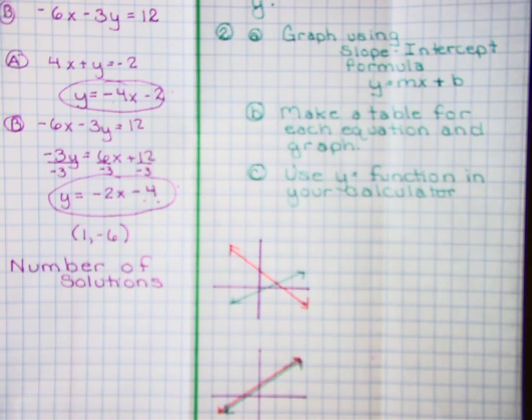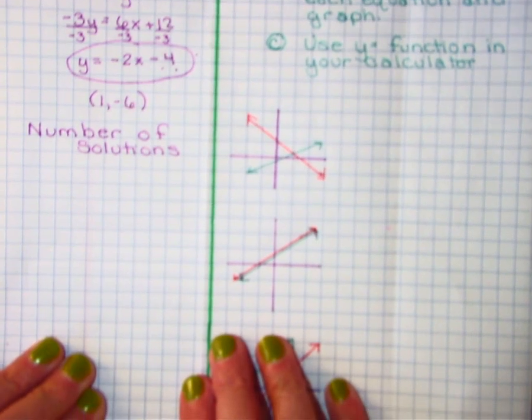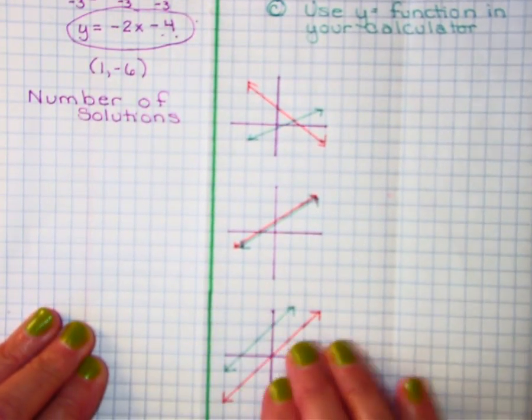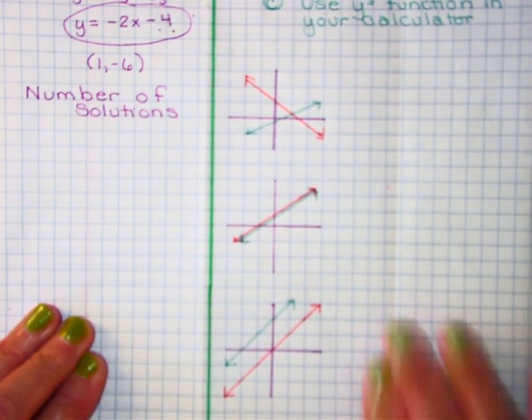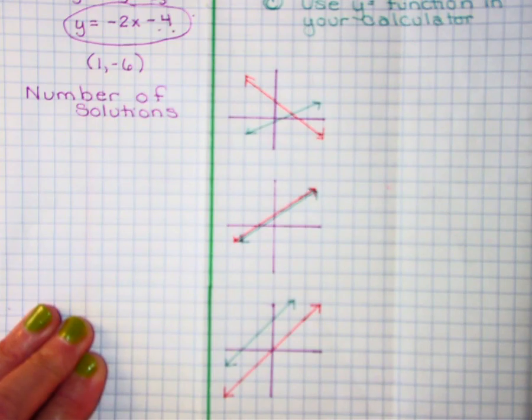It becomes limited, however, when you are working with these, and you'll see that soon enough. Now, when you're looking at two lines, you can only have 3 solutions.